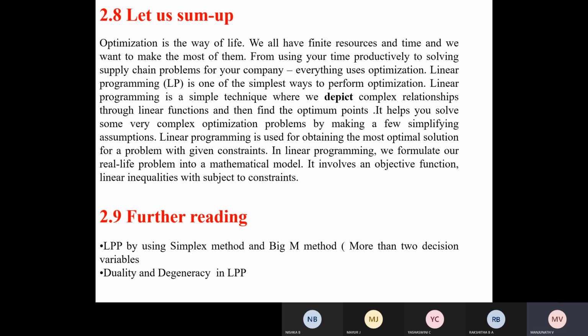Mayur? Sir, not able to read Yashaswini's, it is somewhat highlighted and darkened. Yeah, Mayur, summary in 2 lines. Sir, LPP can be used in various aspects of life in terms of how to make the best use of resources using a mathematical model.